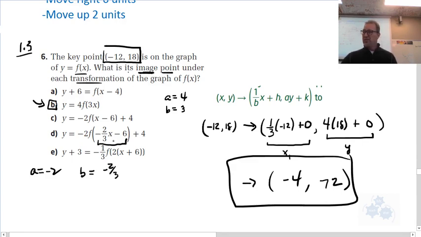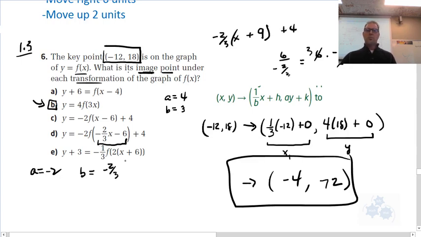Remember, you have to factor this. So when you factor a negative 2/3 out there, you have to do 6 divided by negative 2/3. So what's 6 divided by negative 2/3? That's the same as 6 times negative 3 over 2. That's going to be negative 9. And then plus 4.